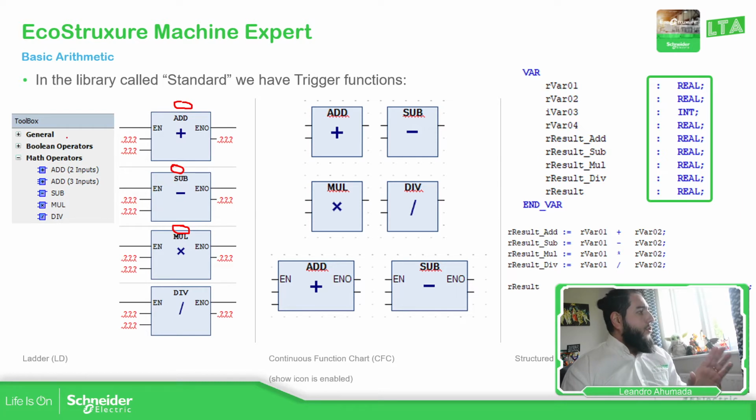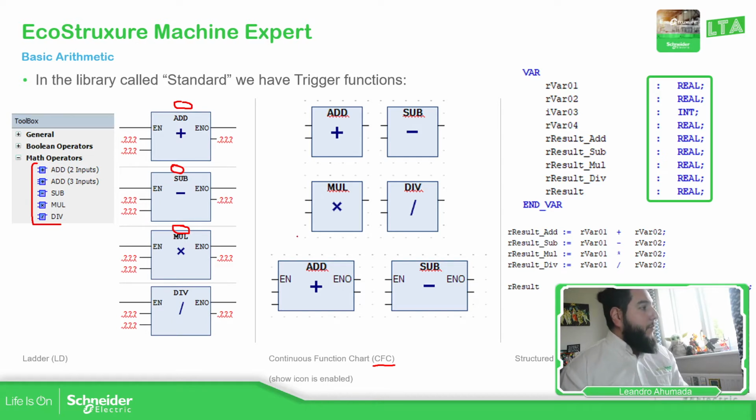If you're using ladder, you have in the toolbox all these functions ready to use: just drag and drop, and that's it. If you are using the CFC, you need to drag a box from the toolbox, put it in the area, and just type the name of the function block.